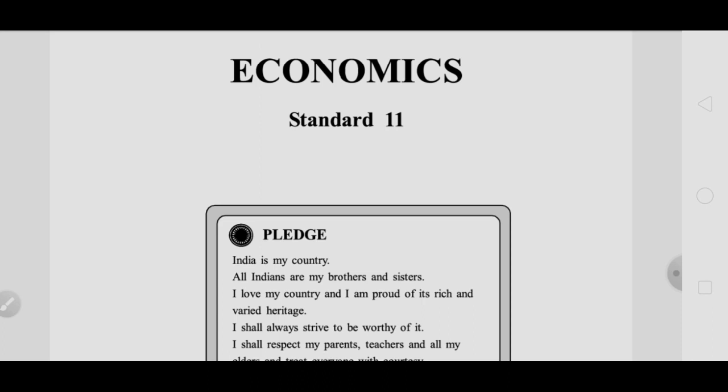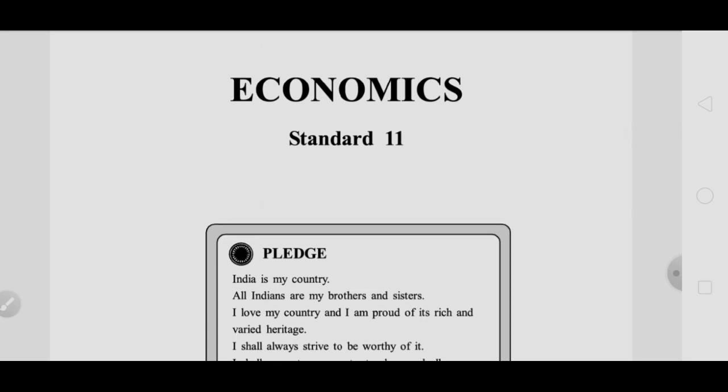Economics is a very well-known word in today's world because in all situations the government is using economic variables for controlling the economic situation of a country. So from the point of view of commerce, economics is also a very important subject.